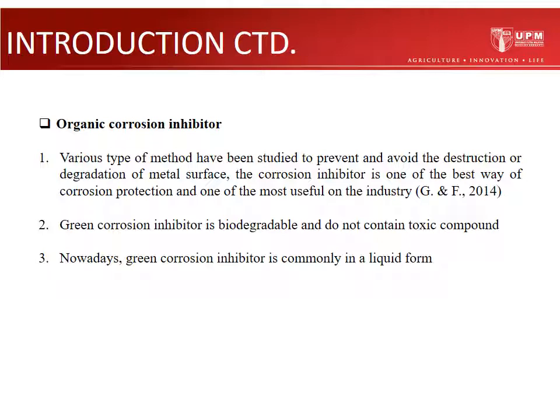Green corrosion inhibitor is biodegradable and does not contain toxics. Nowadays green corrosion inhibitor is commonly in liquid form, so that's why we want to produce it in tablets, so it has better efficiency compared to the liquid form.